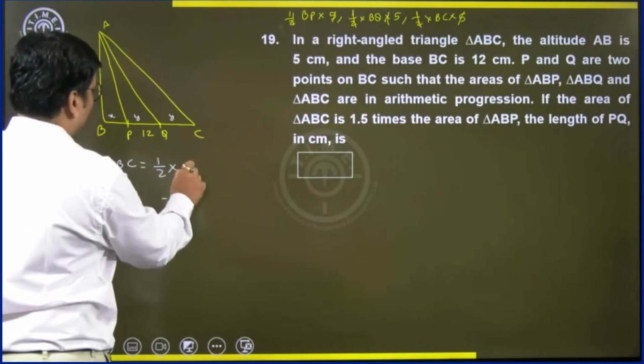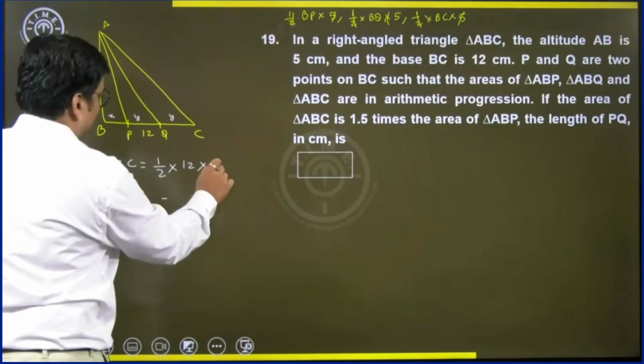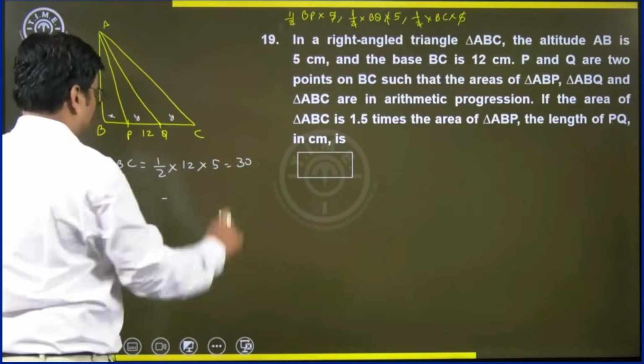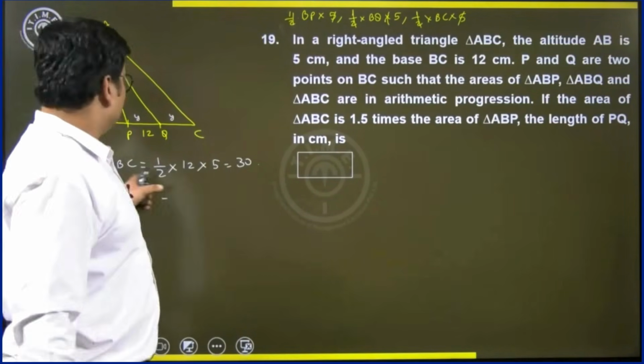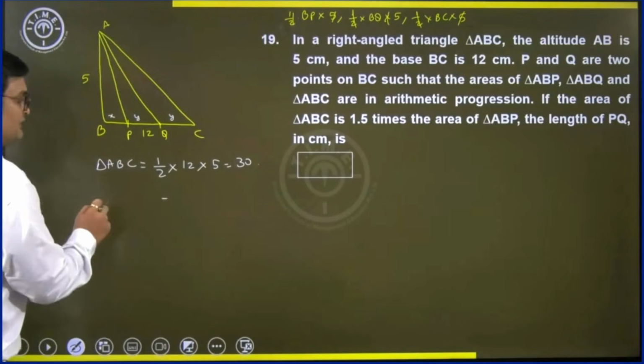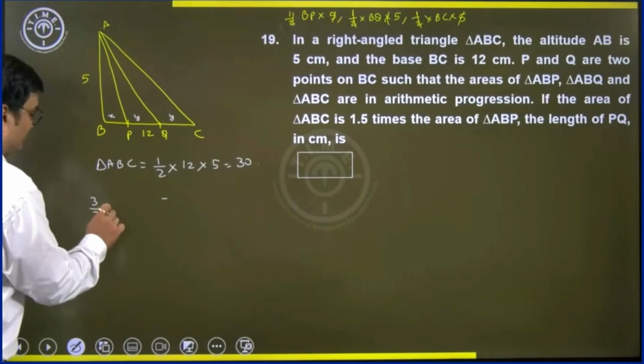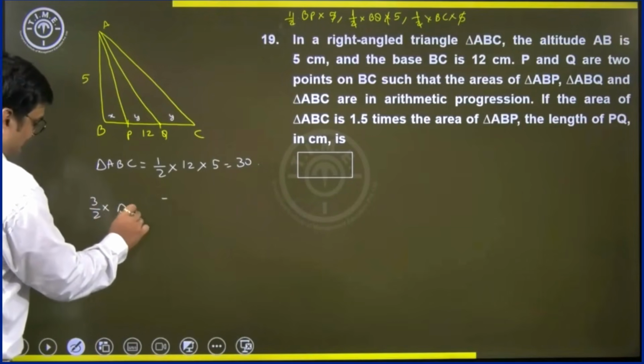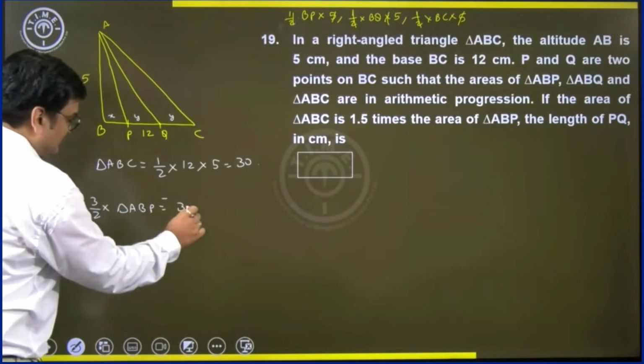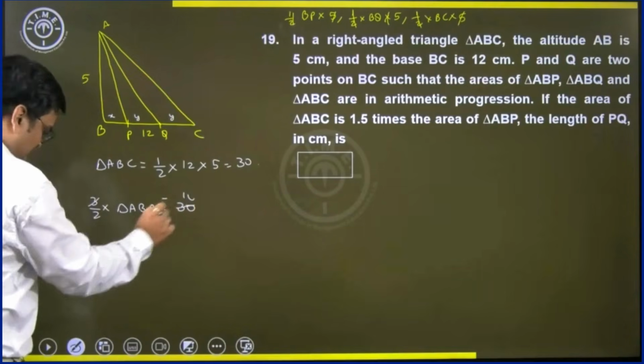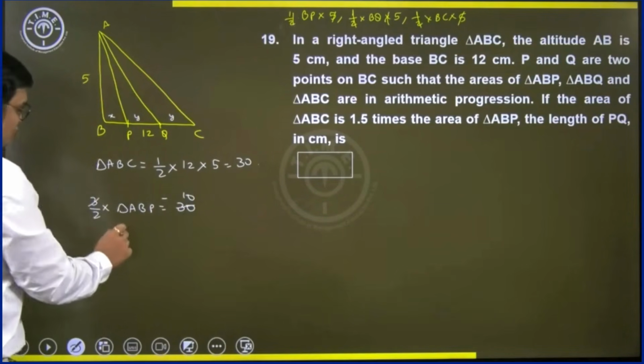How much is the base? 12 into height, which is 30. And according to the question, this area is 1.5 times, 1.5 is 3 by 2 times, triangle ABP, is 30.